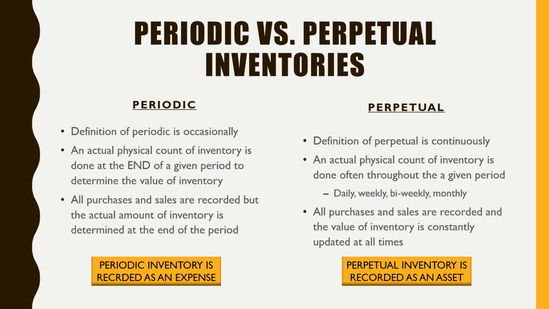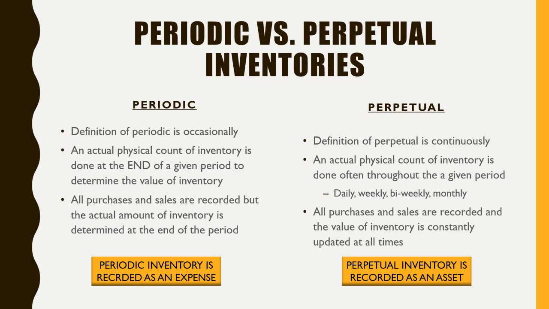So the true difference is that when we looked at periodic inventory, we categorized it as an expense, and at the end of the period we did a conversion entry to recognize how much inventory we have on hand.